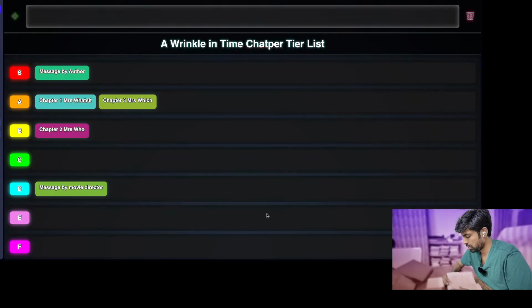The chapter name is Mrs. Which, so we were expecting when she would pop up, but she pops up in the end. And the author has done a great job of trying to break the monotony and introduce a new flavor in the chapters.